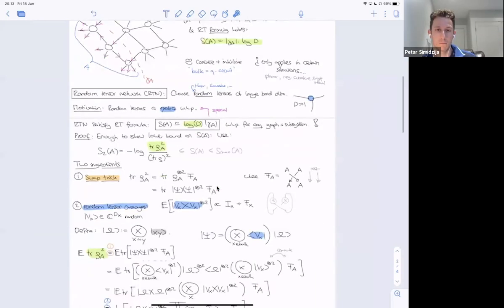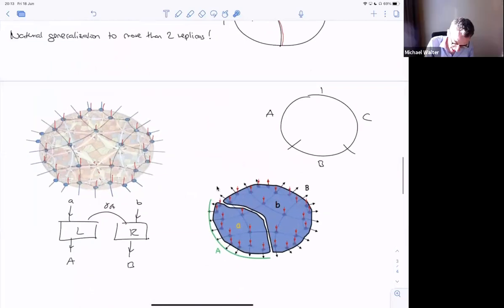Something I very quickly said towards the end was that we can upgrade these models, both the happy model, which was really what they achieved, as well as the random tensor network model, by adding to each tensor an auxiliary leg that's now dangling in the bulk. You would still pick all of these as random tensors, but each of them has this additional leg.